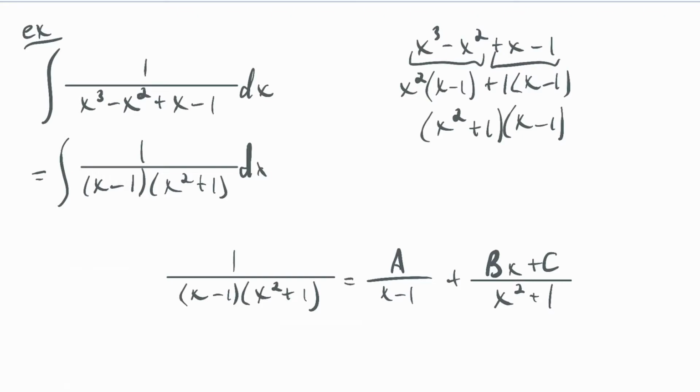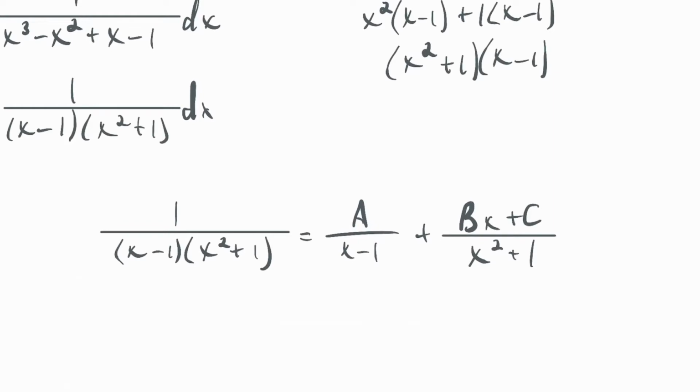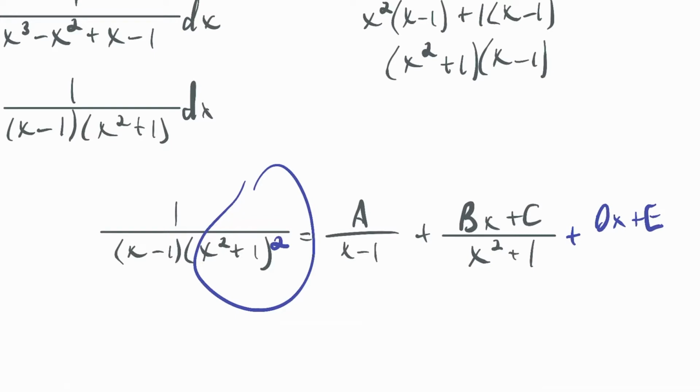If this problem were different, and we may have an example like this later, if this had been squared, right, then we would also have a dx plus e over x squared plus 1 squared. We'd have to have another term to make up for this exponent, if that were to happen. We don't have that, but if we did, then we would.